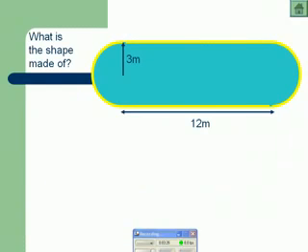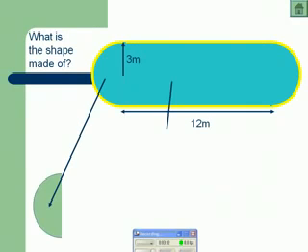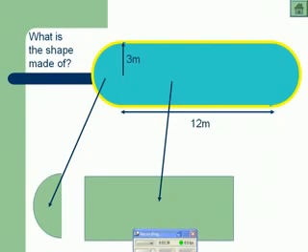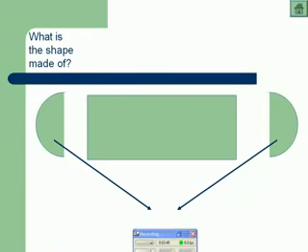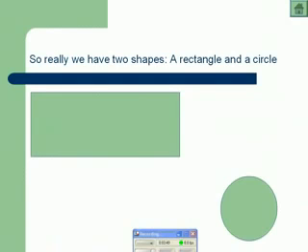So we need to decide then what the shape is actually made up of. So we can see we've got a semicircle, a rectangle, another semicircle. So we know that our rectangle in the middle is one shape, but our 2 semicircles, if we join them together, will make one full circle. So we've got a rectangle and a circle.